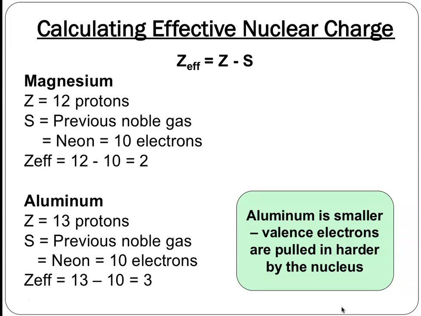A +3 Z effective versus a +2 Z effective is a larger number, therefore it's a stronger attraction. Any questions on Z effective?